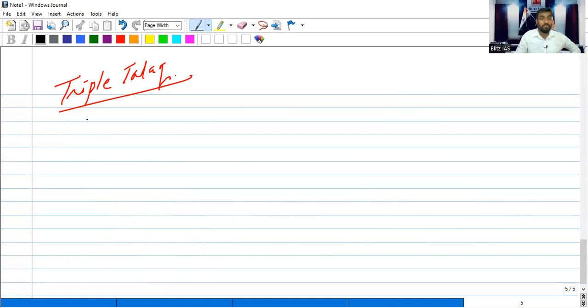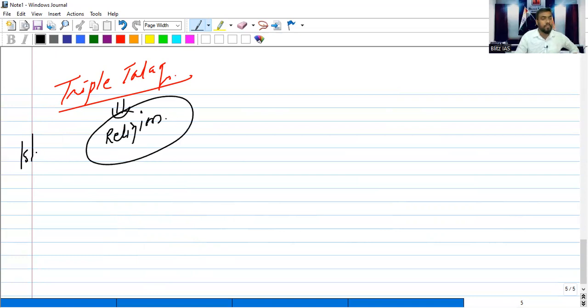Now, Muslim intellectuals say, Shariat says, Islamic law says that this is what's written in our religion. Triple talaq has been written in religion. Islam में बोला गया है. It's written in Quran.